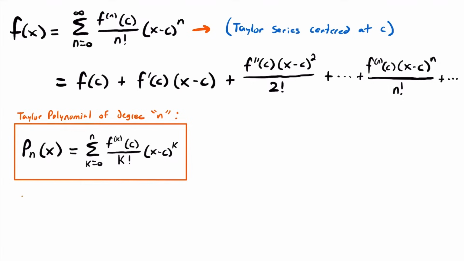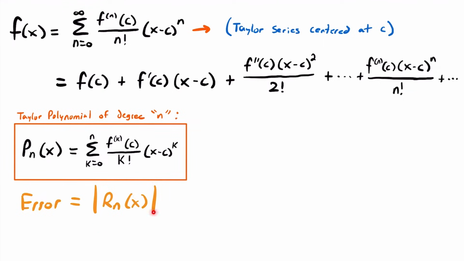And we represent the error with the following notation. Error will be equal to capital R sub n of x. We use capital R because it represents remainder rather than error, but it means the same thing. The remainder and the error are the same concept, and we're going to be taking the absolute value of that remainder or of that error, because we're only interested in the difference between our approximation and the actual value, not if our approximation is below or above, right? We don't care about the sign.